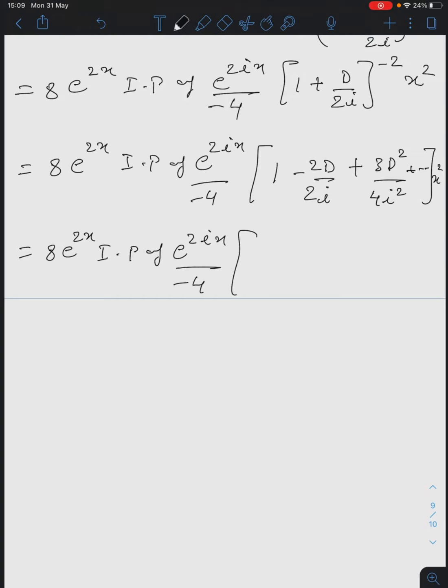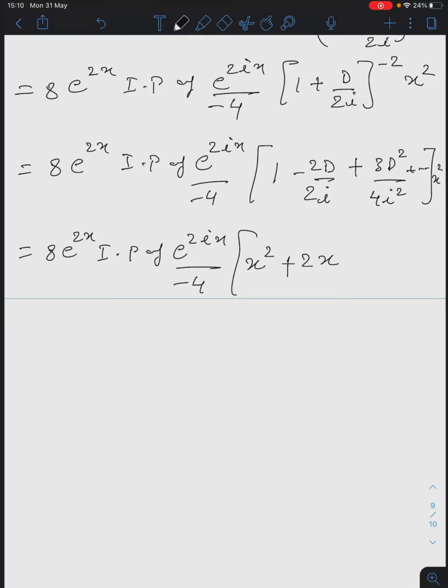Okay, now let us simplify. First term will be x square, 2 cancel. Okay, and this will be with a minus sign. D you are operating on x square, so it will be 2x. But since i is in the denominator, when I write it in the numerator, it will become plus.